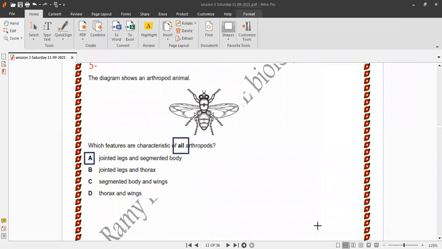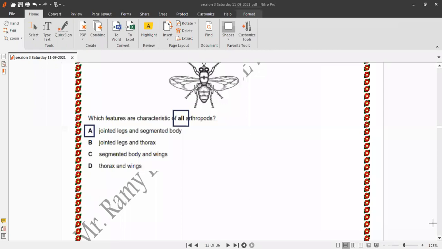Why is B wrong? B is wrong because not all of them have a separated thorax. And also C, because some of them have no wings. Okay, and D the same. Thank you.